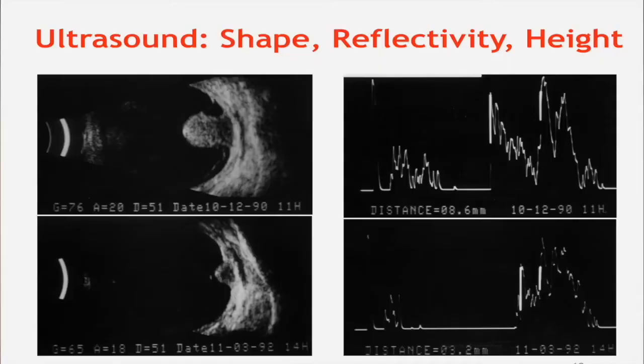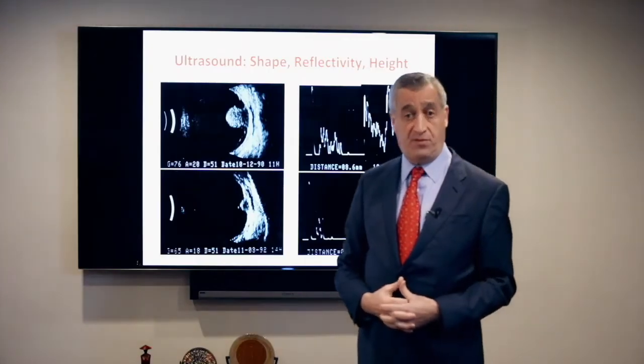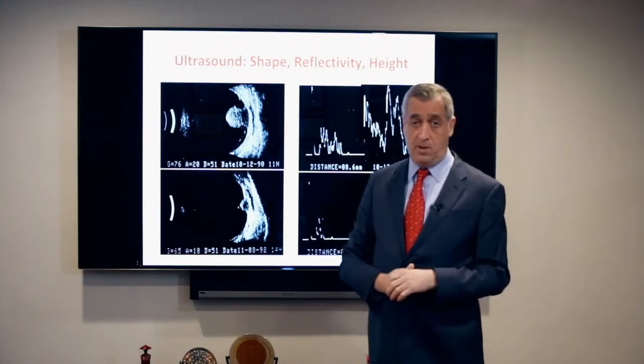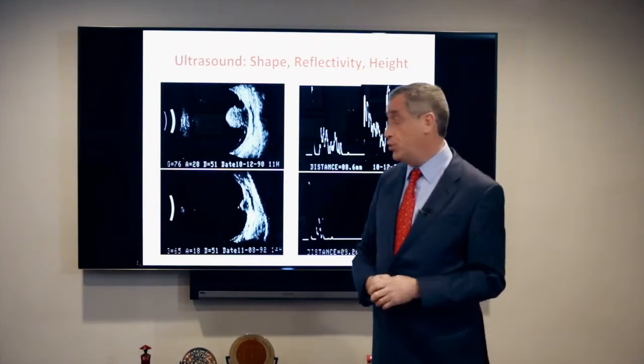Ultrasound has been and continues to be a very important tool for looking at intraocular tumors. Here we have a mushroom-shaped choroidal melanoma. We all know that most tumors in the eye, if they form a mushroom shape, are melanomas. There are some pseudomelanomas that can form mushroom shapes, but they're unusual.